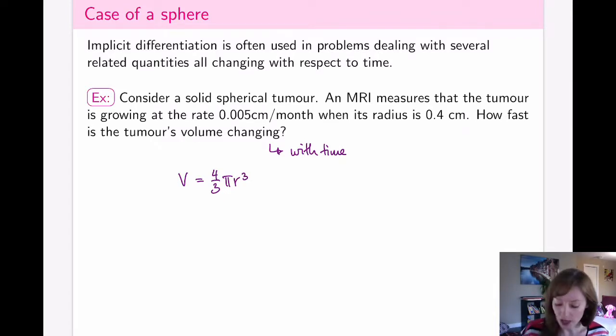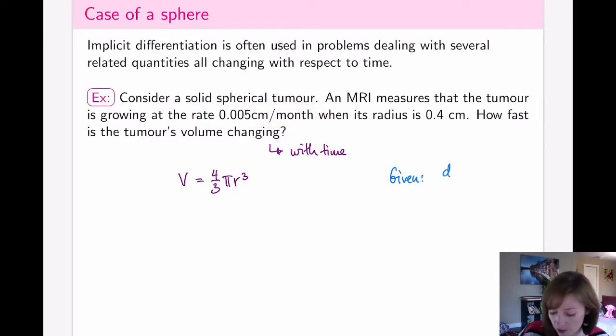Great. So now, if I were to write down on the side the information that I'm given, it is the fact that the radius is changing at 0.005 centimeters per month. I'm given the rate of it, and the units suggest that I am actually given the derivative of the radius.